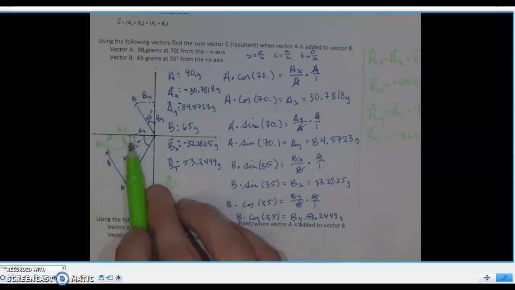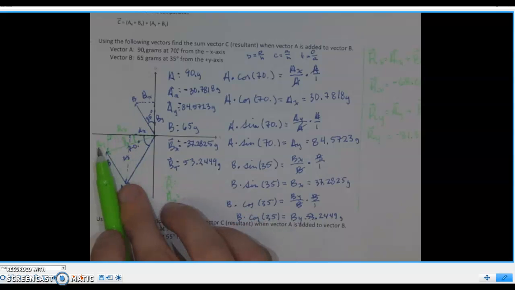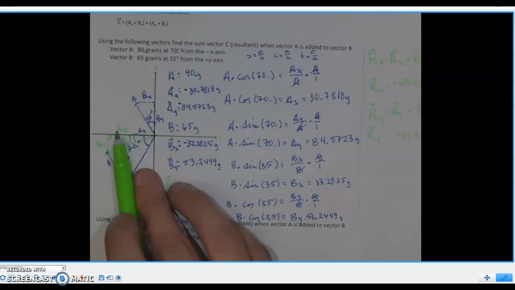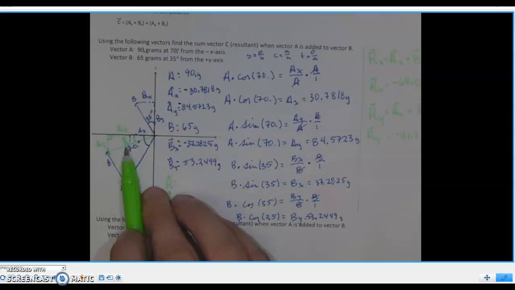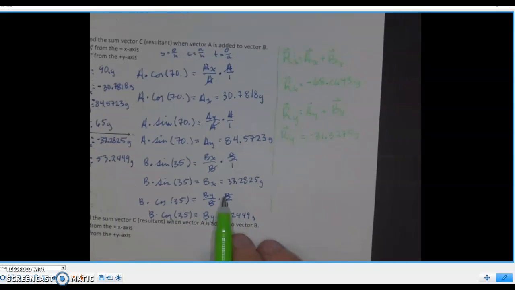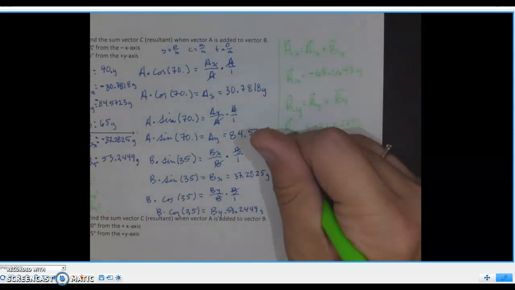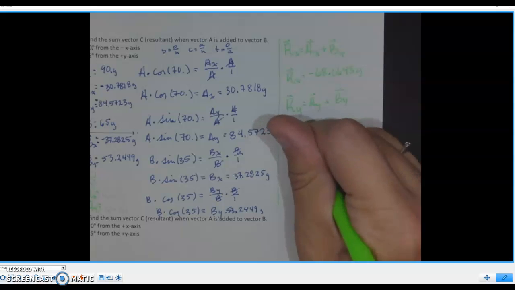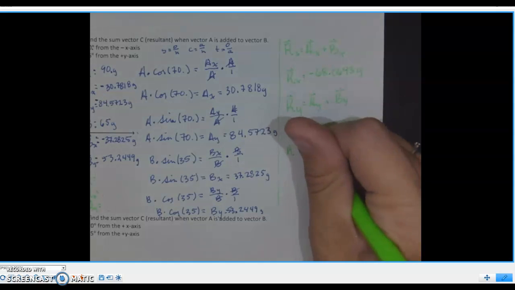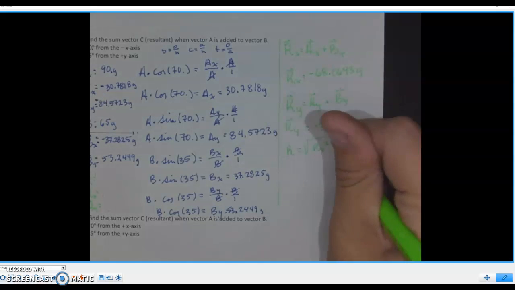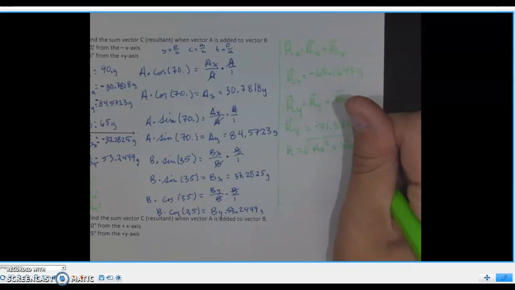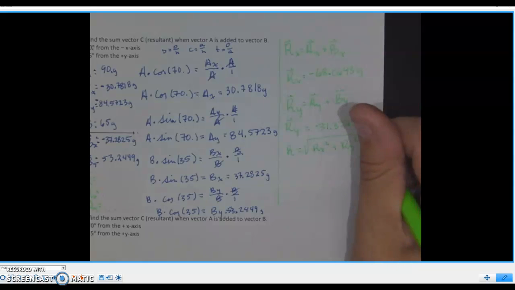So I can do a squared plus b squared equals c squared, or r sub y squared plus r sub x squared equals r squared, Pythagorean theorem. But I don't want to solve for r squared, I want to solve for r. R will equal the square root of r sub x squared plus r sub y squared.